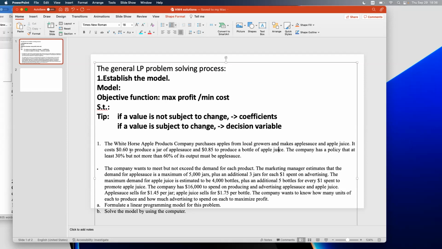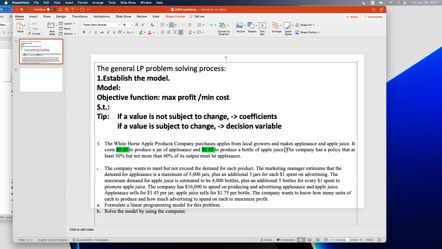These two values are not subject to change. No matter how many bottles or jars you produce, for sauce or juice, these two values won't change. So those are the coefficients. We should highlight that for further use, and highlight this too.